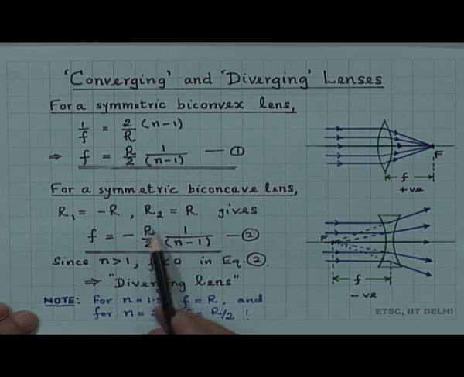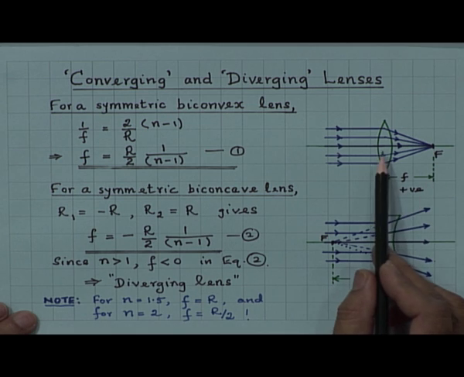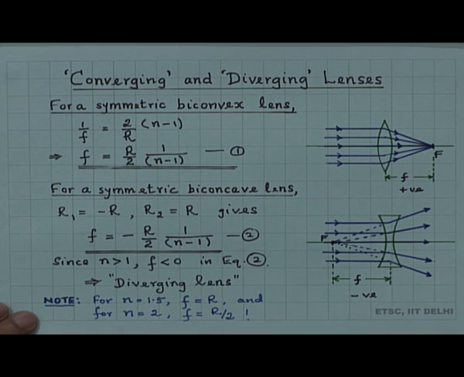So, this is positive only, f is equal to minus R by 2 into (n minus 1), because n is greater than 1, f is less than 0. In other words, the focal length is negative. So, we can see here that if we have a biconcave lens, the focal length is on this side, and therefore f is negative, whereas f is positive in the case of a biconvex lens.